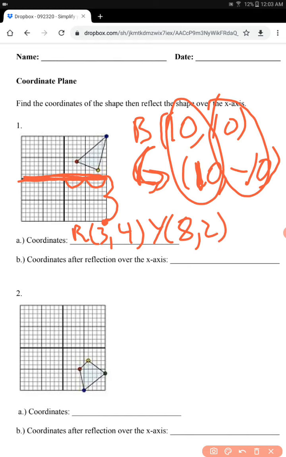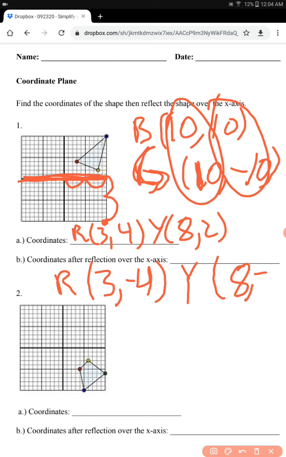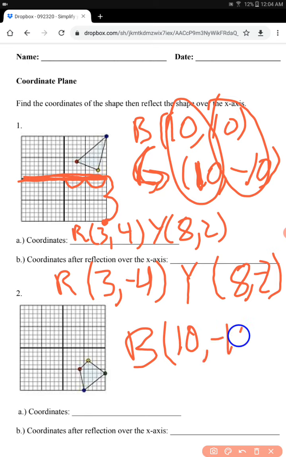So the coordinates after the reflection over the x-axis: the red point would be 3, negative 4. The x value stays the same, but the y value changes. It basically switches signs. So for point yellow, 8, negative 2. And as we said, B will become 10, negative 10.